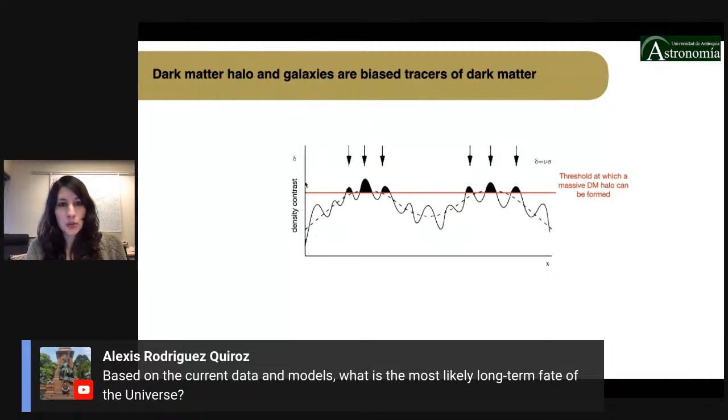As I showed you in this model before, we know that currently dark matter halos and galaxies are biased tracers of dark matter, but we expect that in the very far future, galaxies and dark matter halo distributions will be unbiased tracers of dark matter.